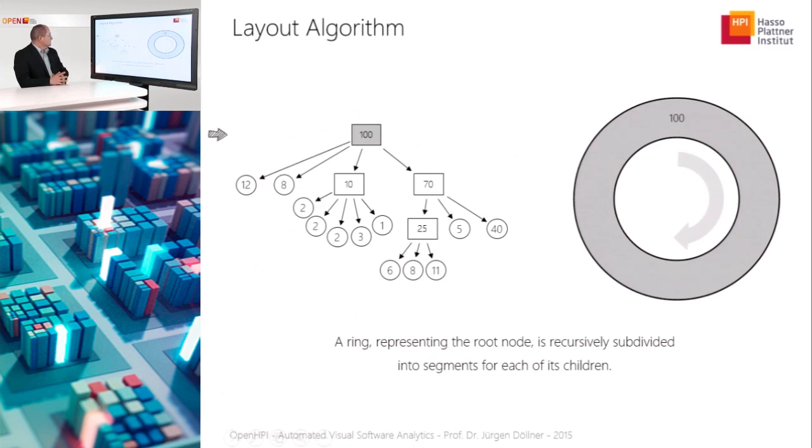So let's see how it works. How does the algorithm work in practice? Let's start with our sample hierarchy on the left side. We choose an initial ring that represents the whole tree. And now we recursively subdivide for the first layer of children, the children at the first depth layer of this hierarchy.